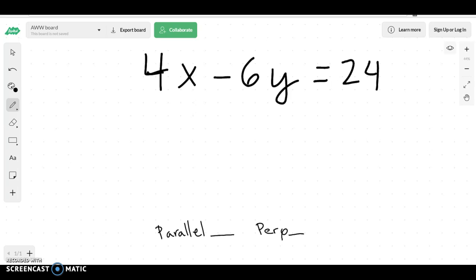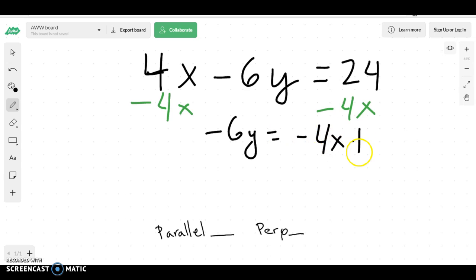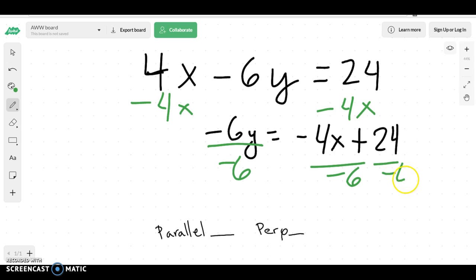If you got stuck with this one, first, you want to ask yourself, what's the slope of this line? The answer is, I can't tell, I need it in slope-intercept form. So we would need to get the 4x to the other side. Have negative 6y equals negative 4x plus 24. And after that, we'd need to get that negative 6 away from the y, so we divide everything through by negative 6.